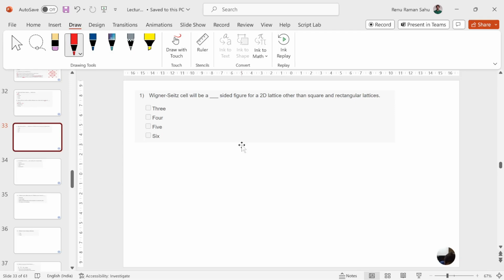The Wigner-Seitz cell for a 2D lattice other than square and rectangular lattices will be dash-sided. Here we need to do a bit of work, so let us draw a lattice other than square and rectangular.